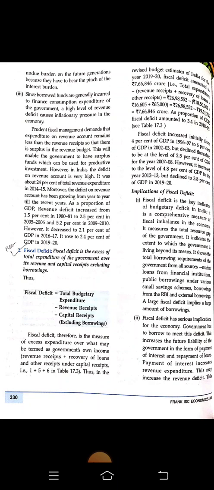So fiscal deficit is the measure of the excess expenditure over what may be termed the government's own income. In the revised budget estimate of India for 2019-20, the fiscal deficit amounted to 7,66,846 crore.